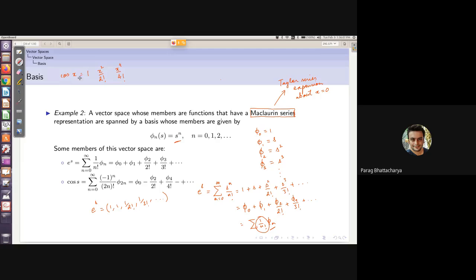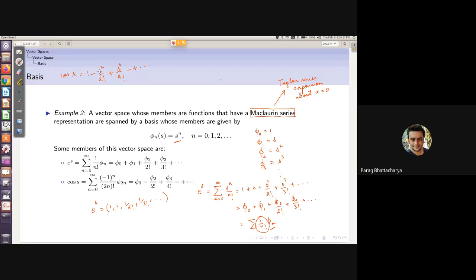So if I replace this x with s, we will have cos s is equal to 1 minus s square by 2 factorial plus s to the power 4 by 4 factorial, and so on.